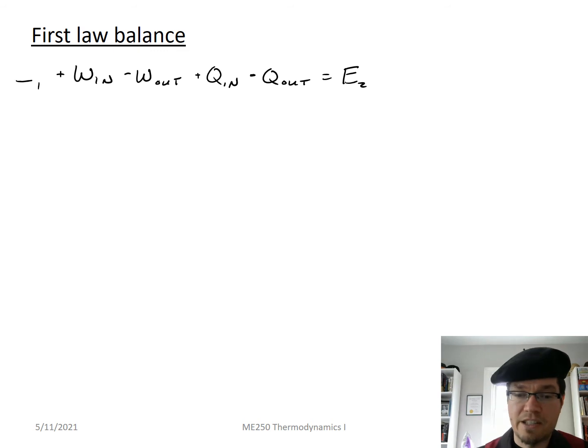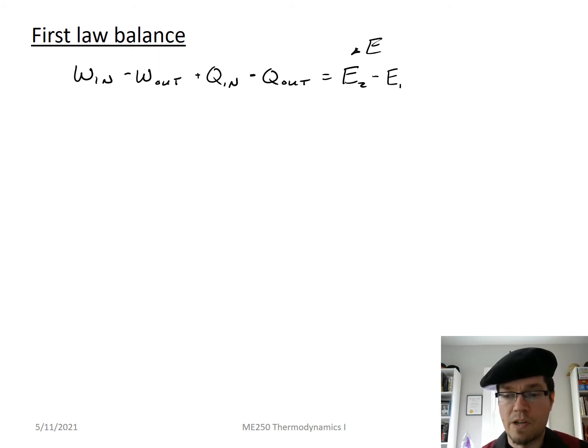This is not actually how I usually form this. I usually write this as E2 minus E1, a delta E. Or if you're talking about a very small amount, you might get down into the differentials. But this is in minus out plus generation equals change.